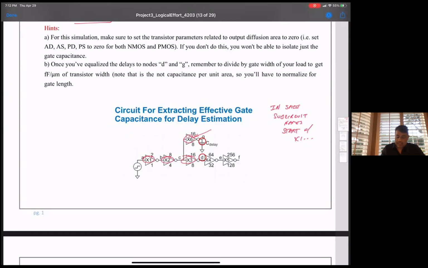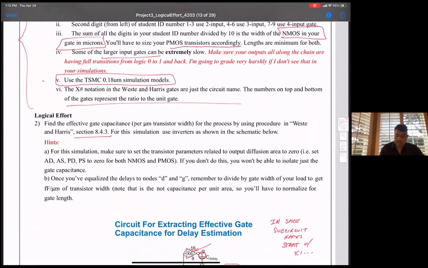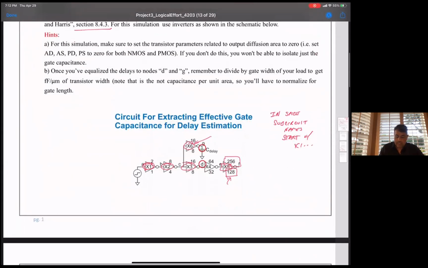All it means is he's just calling this inverter X1, this inverter X5, but the sizing is like this. So the NMOS is 128 times unit, and the PMOS is 256 times unit transistor size. So that's what I mean by this. It just gets confusing. So just ignore these X names.